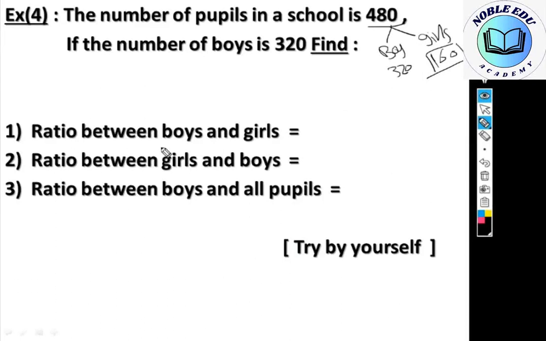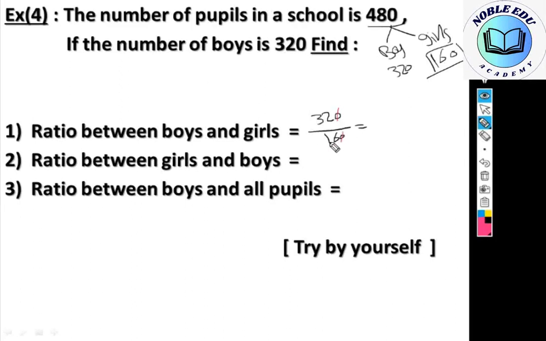You can write the ratio between boys and girls now. What about the number of boys? Which first? Boys. Boys is 320, so 320 up. And what about the number of girls? 160. Now you can simplify. Cancel 0 up, cancel 0 down.